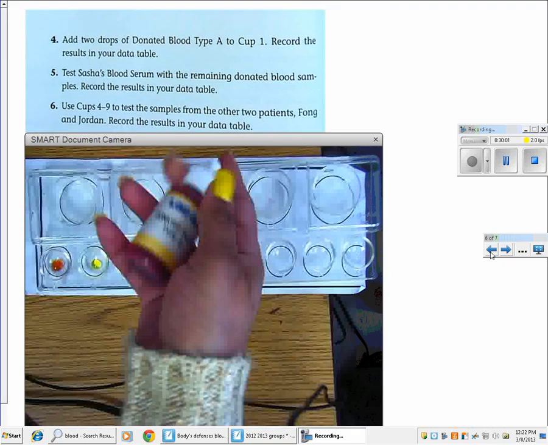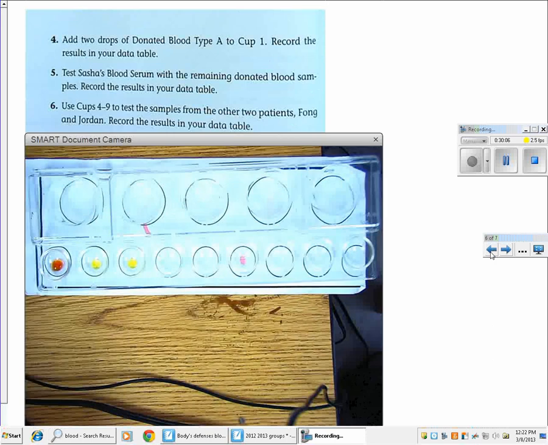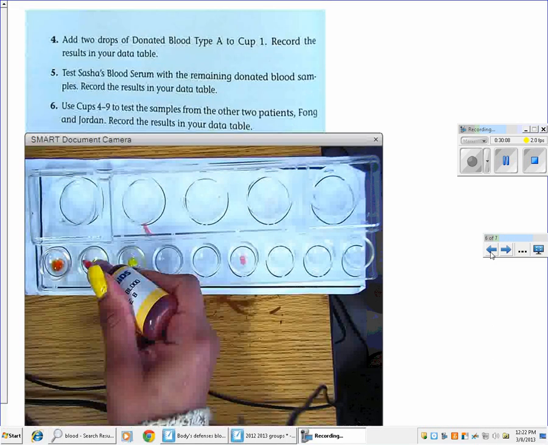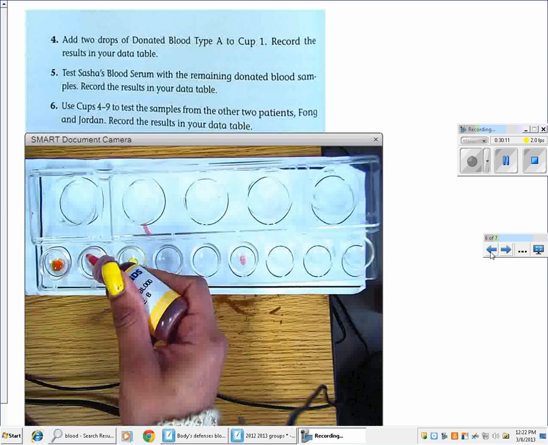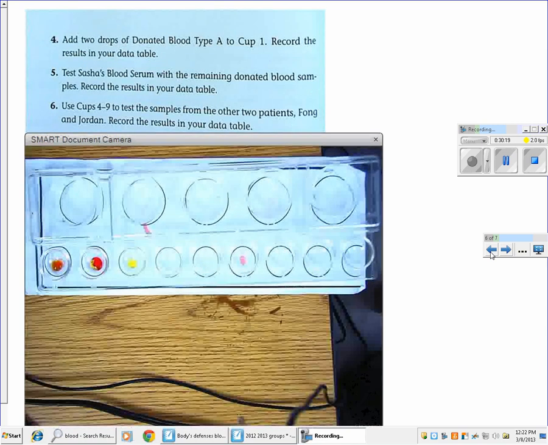Now we're going to do B. I'll zoom in on them so you can see them.